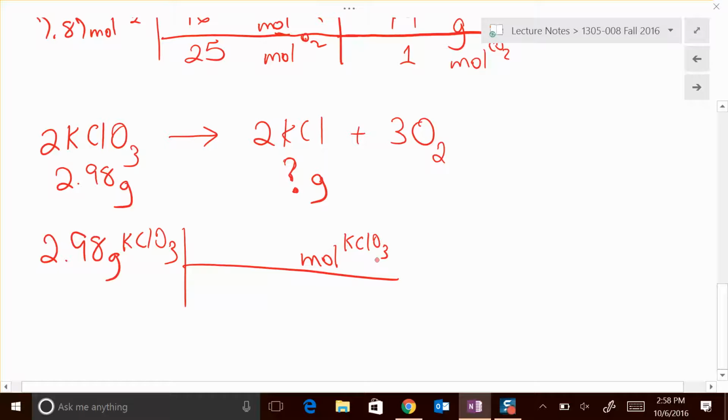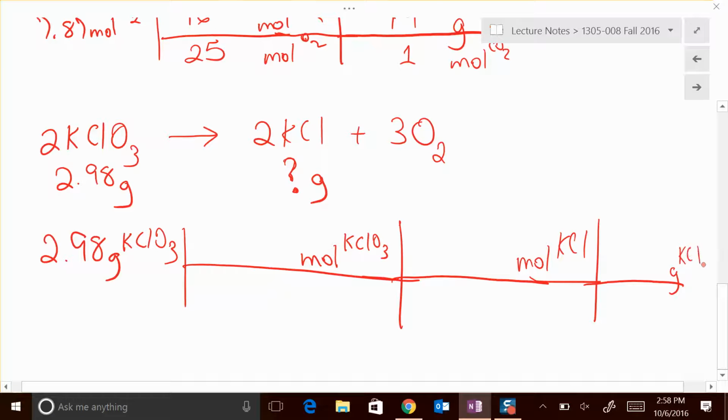Once I have the moles of KClO3, I can convert to the moles of KCl. Then my final step is to convert to the grams of KCl. This is my process, okay?